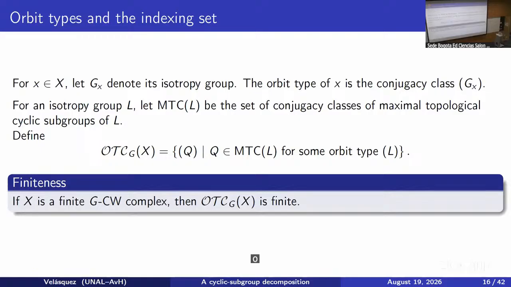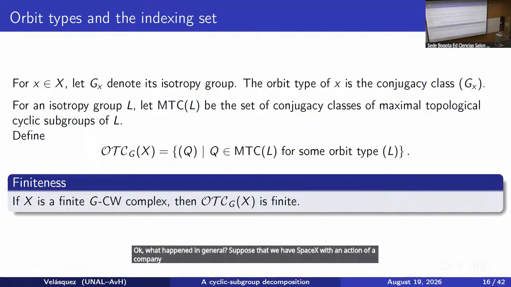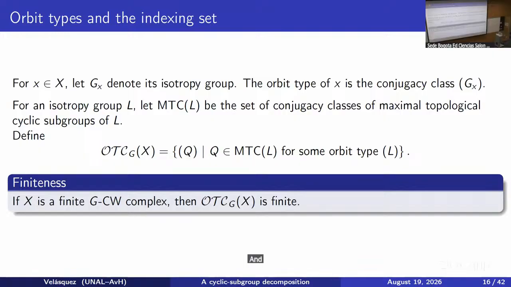So what happens in general? Suppose that we have a space X with an action of a compact group, and consider an element and take the isotropy group of this element. The orbit type of this element is the conjugacy class of this isotropy group.